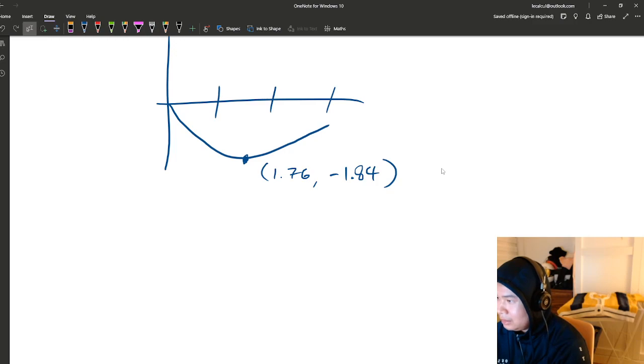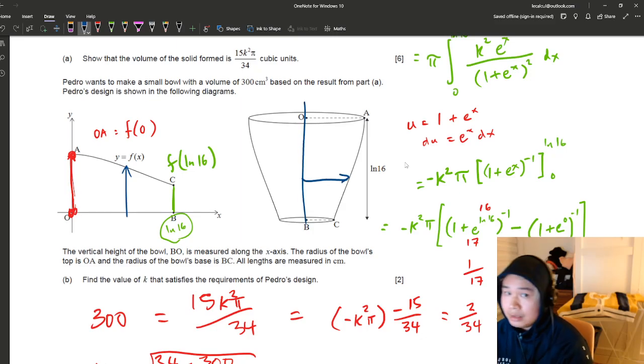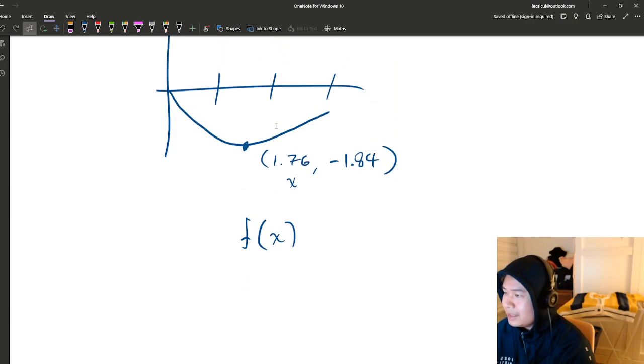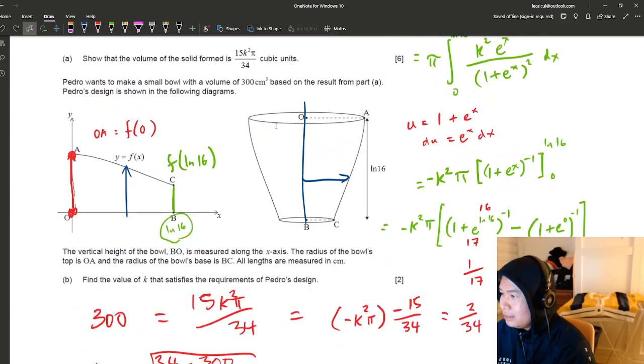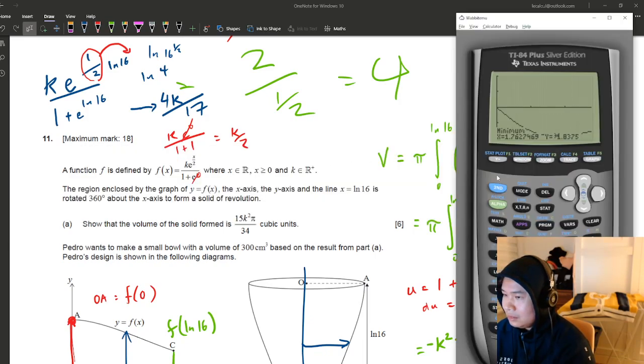So now I'm just going to take this x value and then plug it into the actual function, because again, the value of the function is the radius of the bowl at that point. So now I plug in 1.76 into the original function here. That's annoying. Okay.